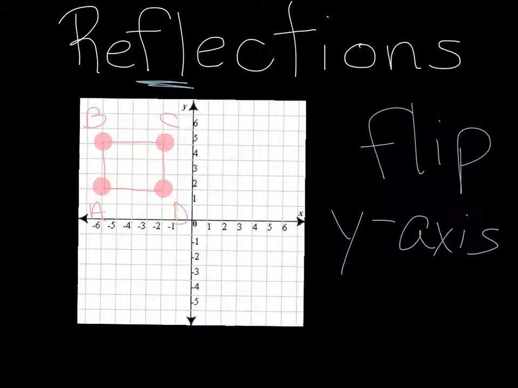Okay, so this is going to be A prime. Okay, now for D, I'm going to go 1, 2, 1, 2.